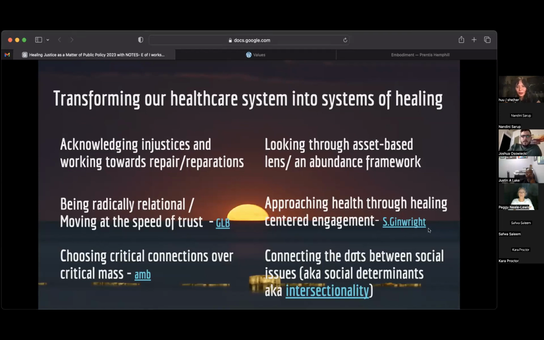And so that leads me to the last part of what I'm thinking about when I think about how we can transform our healthcare system into a healing system. We're connecting the dots between these social issues, also known as social determinants in public health, but also known in the organizing world as intersectionality.